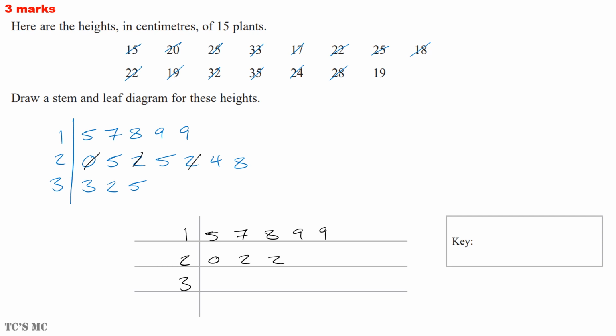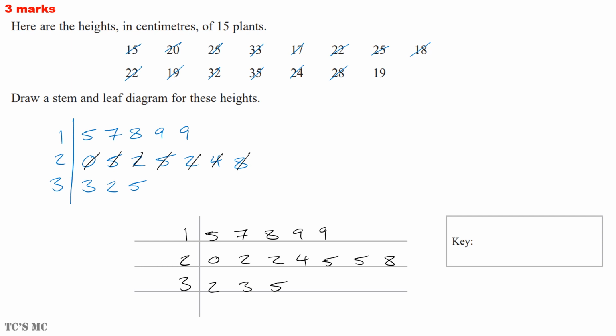Always make sure the first digit, the second digit, the third digit and so on are all lined up. And the last one will be 2, 3, 5. Now we have 2 marks.